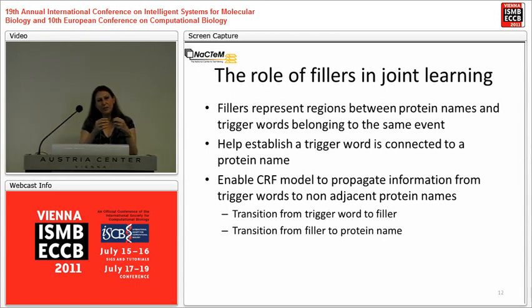So it actually helps, it's like a glue, it helps you establish a link that the trigger word is connected to a protein name. So by using the fillers, the CRF model allows to propagate information from any trigger words to any adjacent, in this case protein names, but one can use any type of named entity.